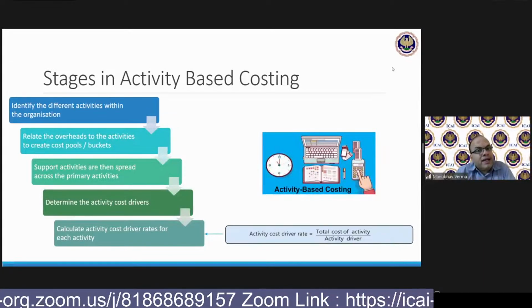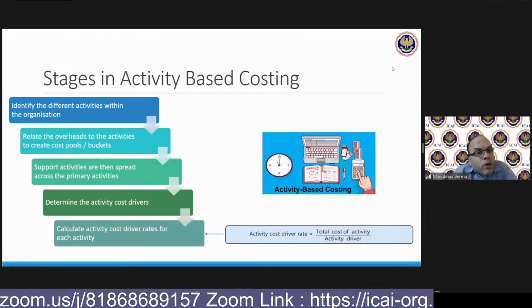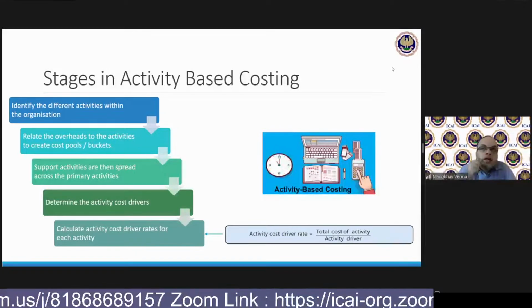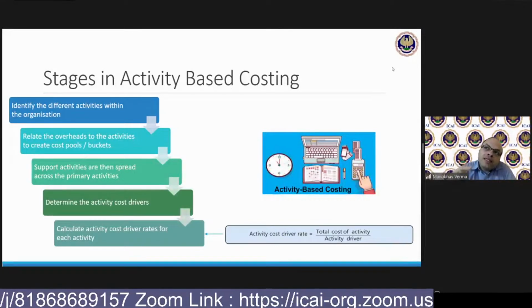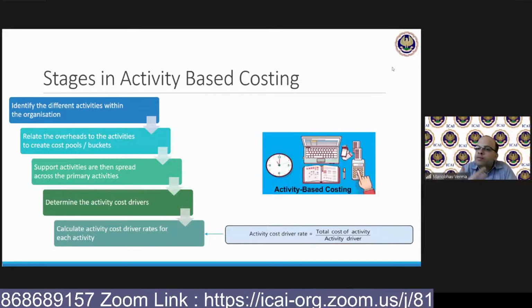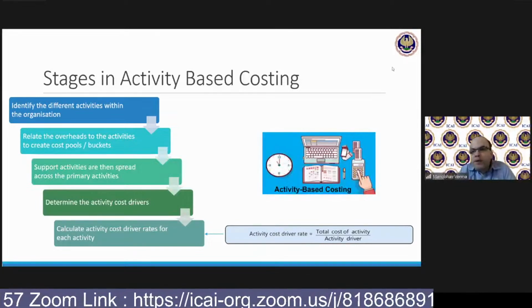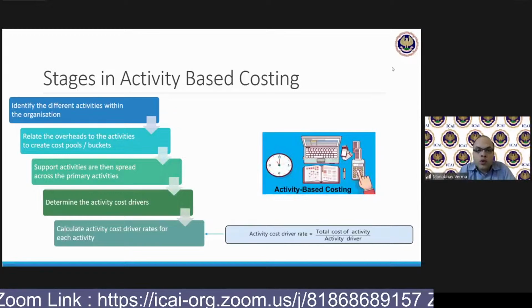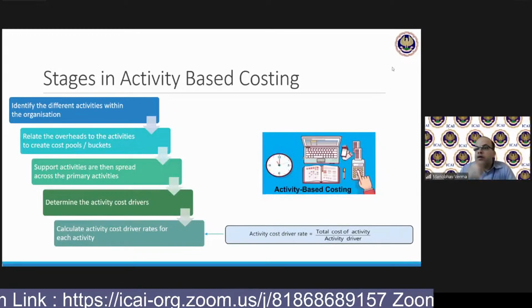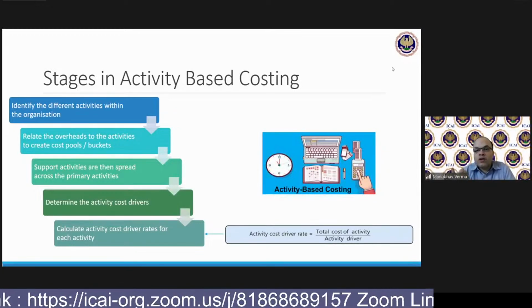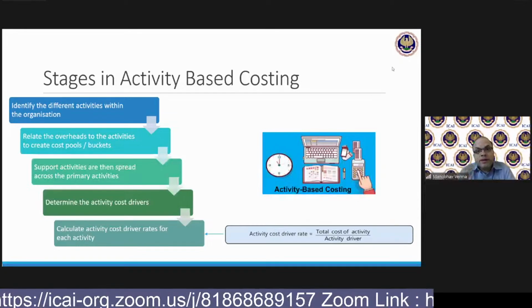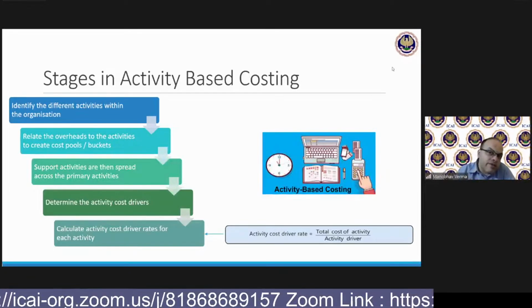And you will realize why this becomes important, because as I said earlier, if my costing is inaccurate, ultimately the pricing could be impacted. And we are talking about a competitive world here. If we are not pricing the product perfectly, and our competitor has a better study of their cost and prices differently, we may lose some sales volume. So it's very, very important.